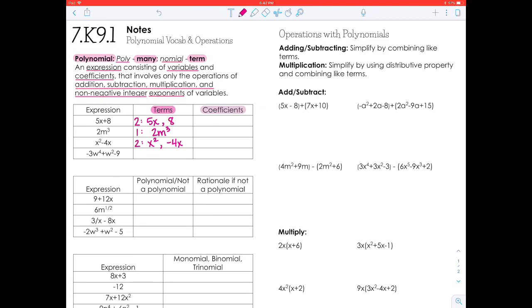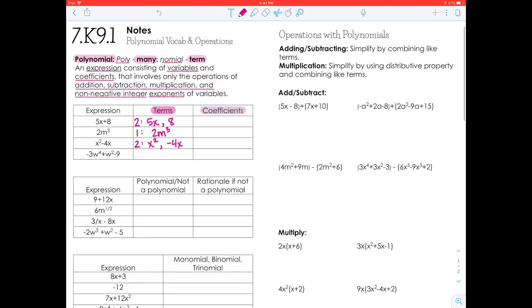Okay, and then we've got negative 3w to the fourth power plus w squared minus 9. I see three separate numbers that are separated by two different operations. So I've got three terms.